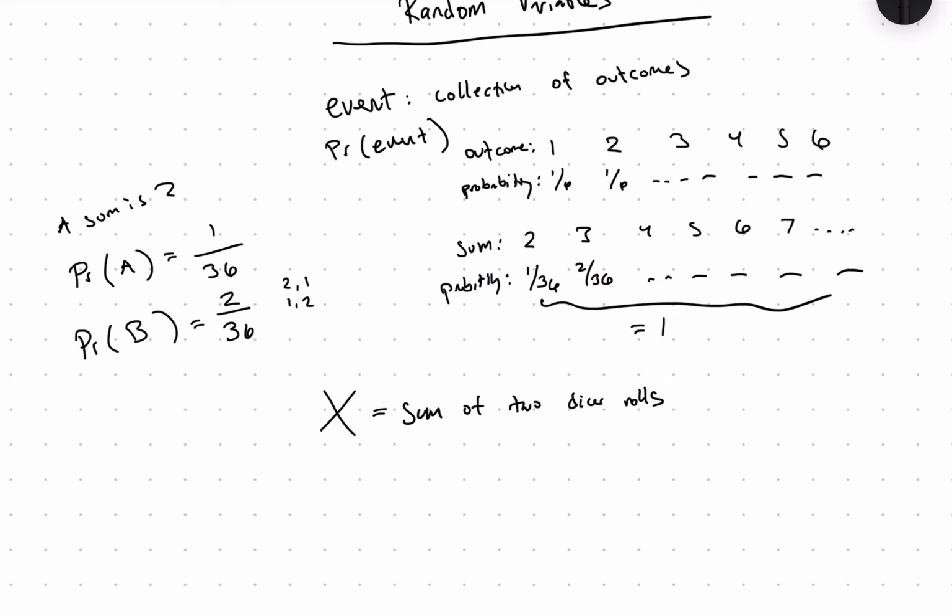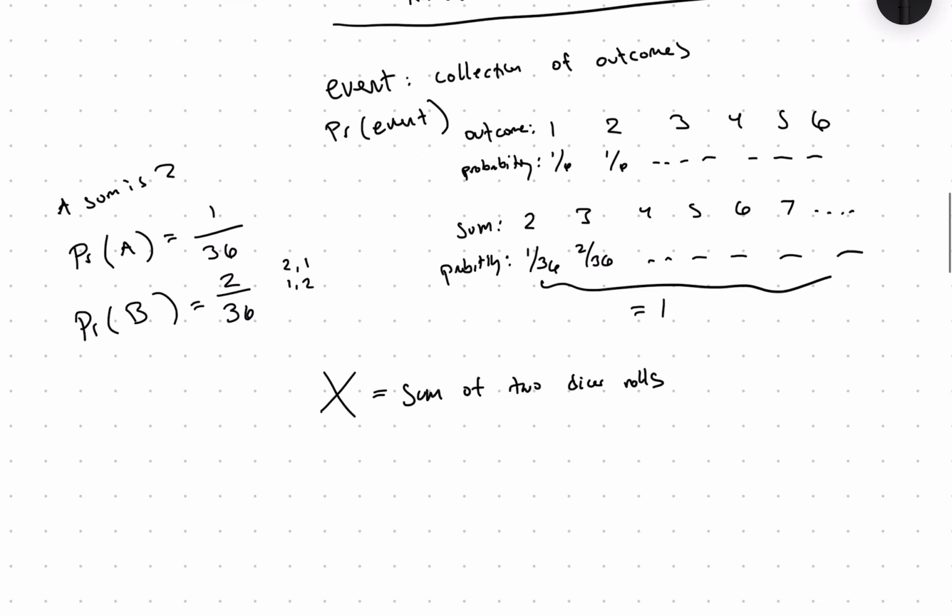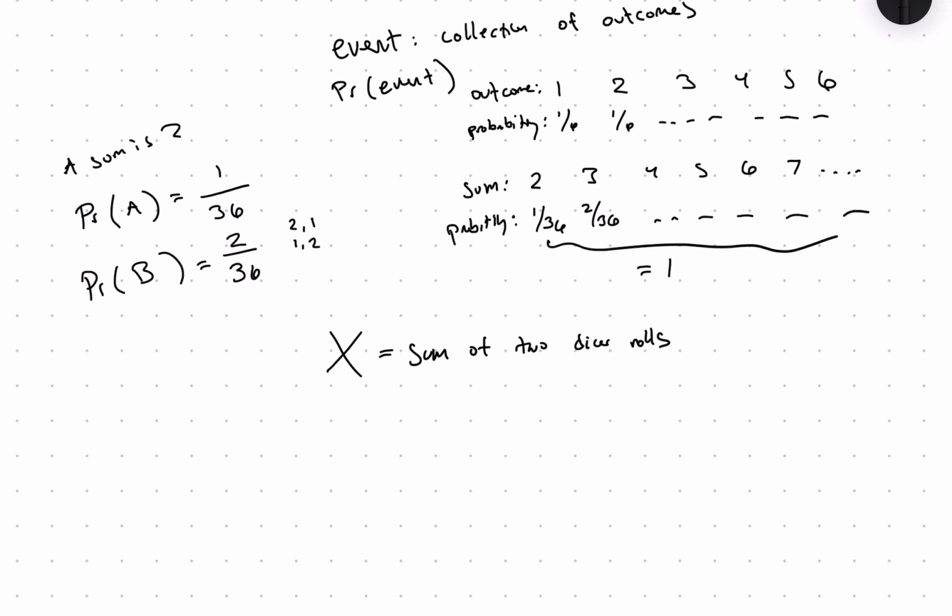This might feel super similar, but X equals 2 is just an event. This is nothing new from what we've already talked about. X equals 3 is an event, and we just calculated the probabilities for both of those.